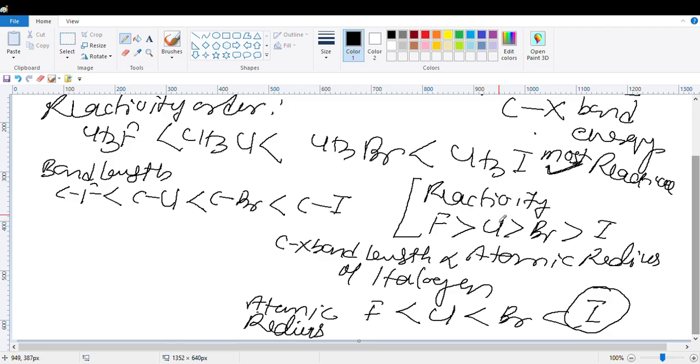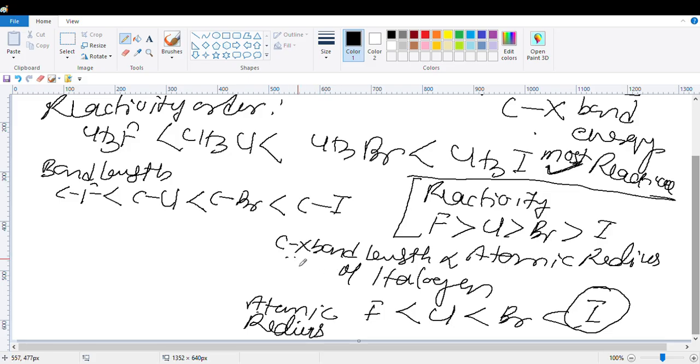Once again, I'm telling you that you can also think that fluorine is most reactive, so methyl fluoride should be most reactive. But this is the reactivity of halogens: fluorine, chlorine, bromine and iodine. Reactivity of alkyl halides doesn't depend on the reactivity of halogen.